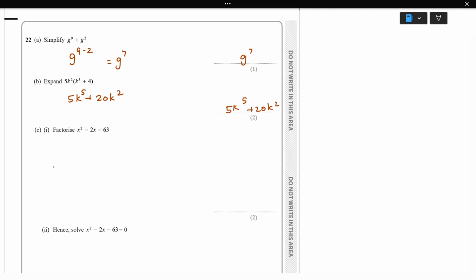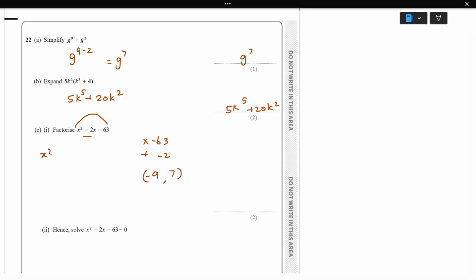Okay, next one, factorize x squared minus 2x minus 63. So we'll check the coefficients. Multiplied we have to get negative 63, added we have to get negative 2. So the factors are 9 and 7. 9 times 7, when we multiply, we get 63. So for negative 63, one should be negative, and since the middle one is negative, the greater number should be negative.